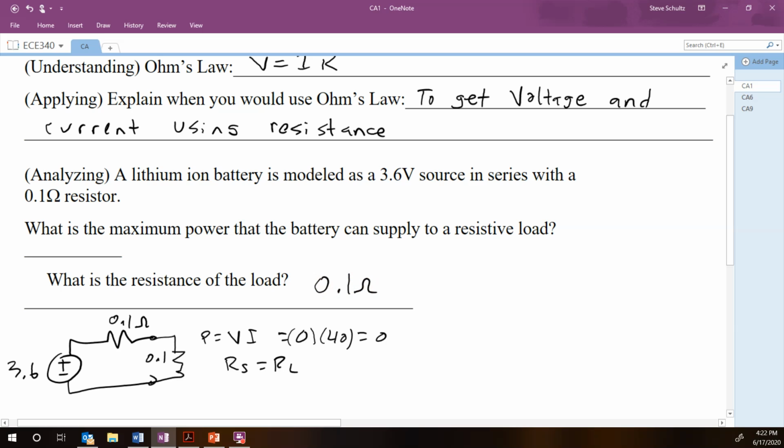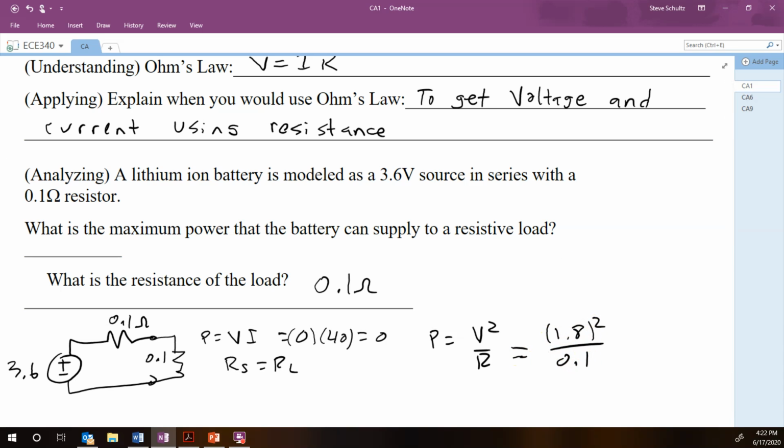What is my maximum power? Power equals V squared over R. The voltage we're going to get, this is a voltage divider. So again, we're understanding and applying the voltage divider that I learned from 240. This is going to be 1.8 volts squared divided by 0.1.